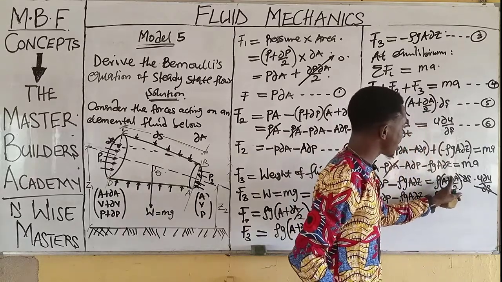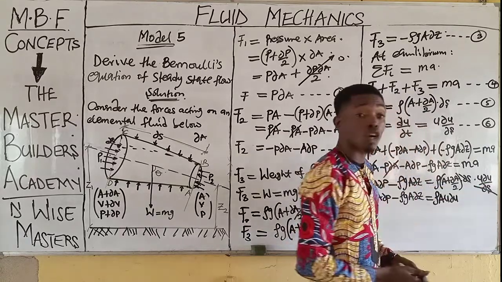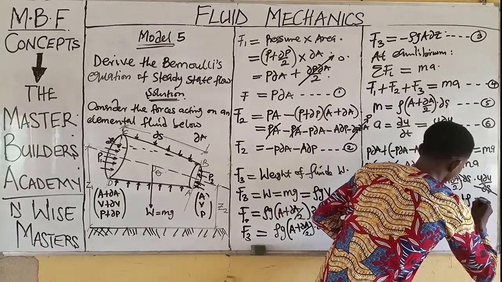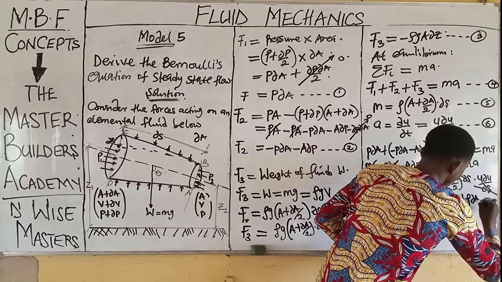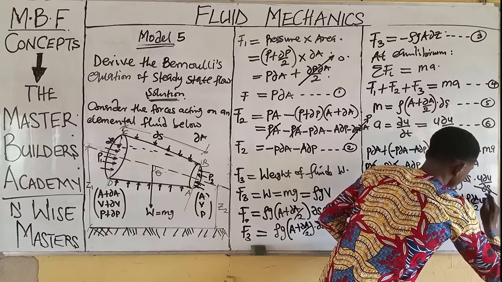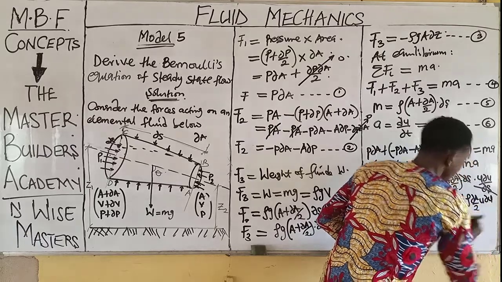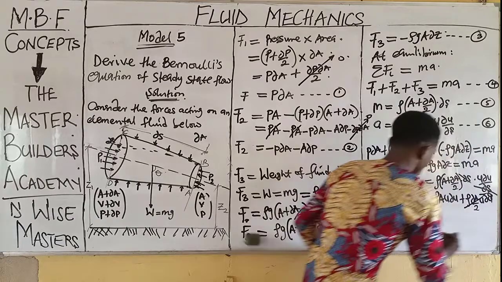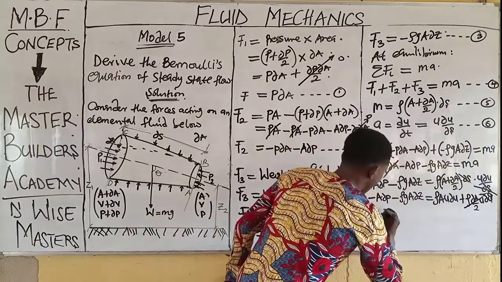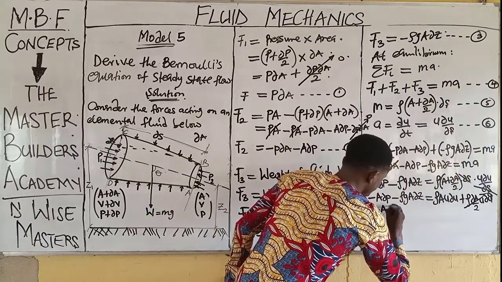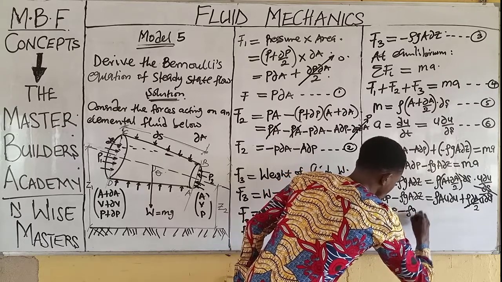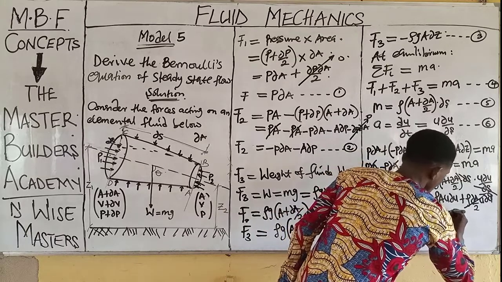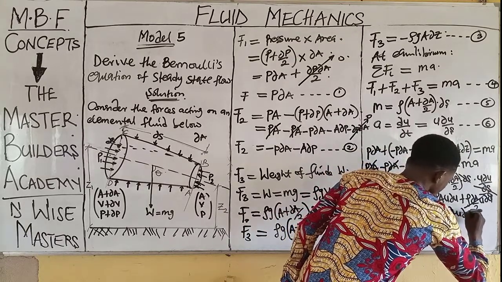And now when I multiply change in A by this, it automatically becomes 0. Or we have this as plus rho change in A over 2 U change in U. So change in A multiplied by change in U will have given us this as 0. So we rearrange this, we have this as minus A change in P minus rho G A change in Z is equal to rho A U dU.